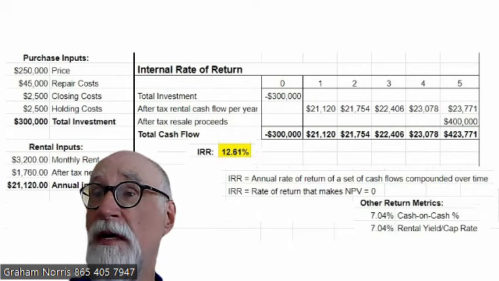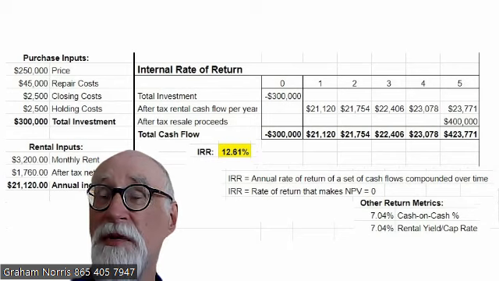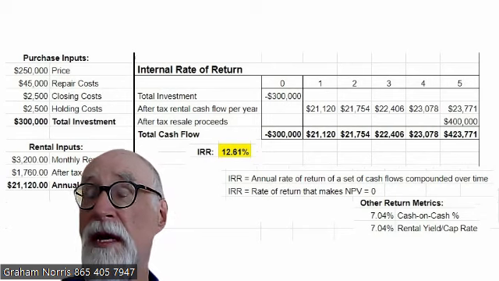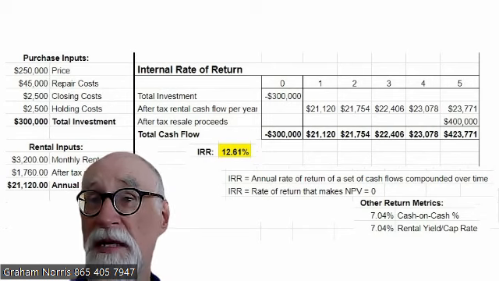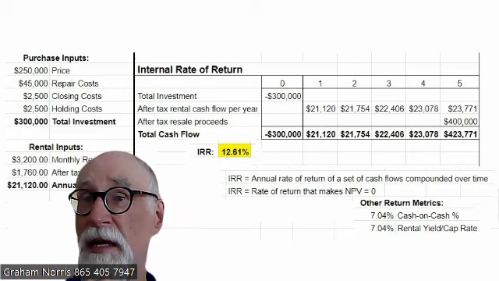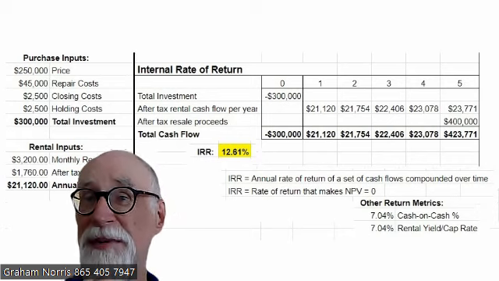All right, so this IRR looks quite a good deal. Of course, that depends on the person, the investor. 12.61% appears to be better than the stock market, and most real estate investments do give you a better return than the stock market. In my view, and my experience has taught me, because I lost money on the stock market, but not on real estate.